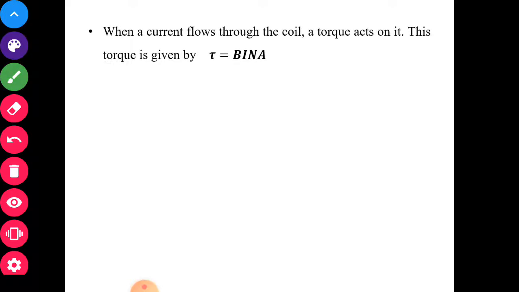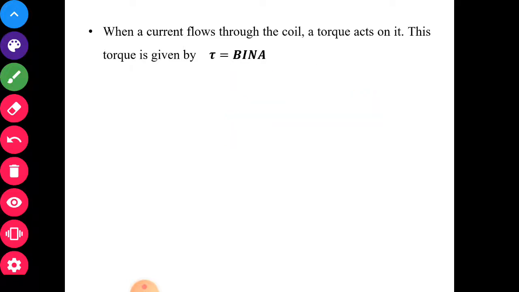Now as you know, torque is equal to NIA cross B, that is NIAB sin theta. But theta, as I explained, is 90 degrees between the area vector and the magnetic field, so this is the maximum torque.